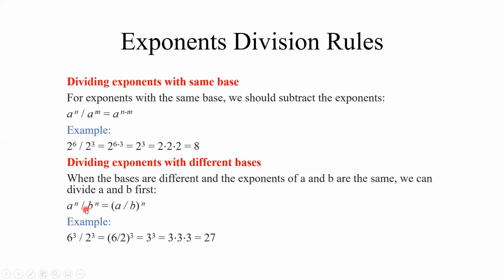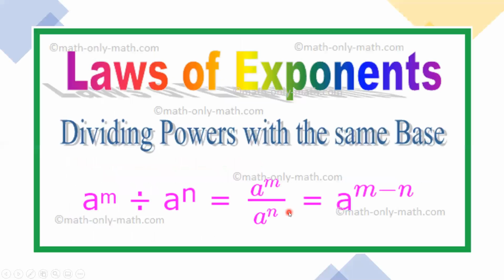When we have the same exponent but different bases, then we just divide the bases with each other, and then we write the exponent. So it's 6 to the power of 3 divided by 2 to the power of 3. The 3's are the same, they have the same exponents. So I'm going to say 6 divided by 2, that is 3. So 3 to the power of 3. I write the exponent as it is. So 3 to the power of 3 is 27.